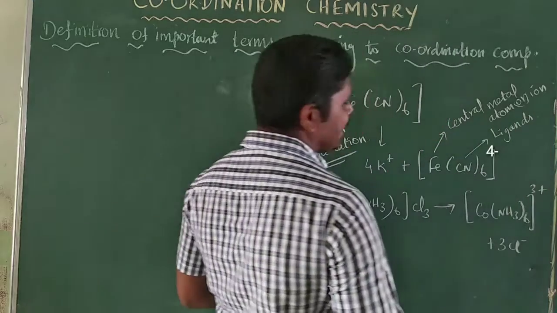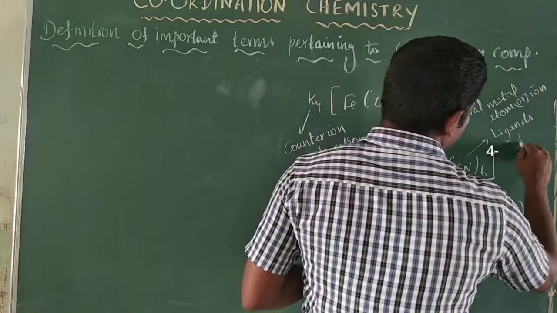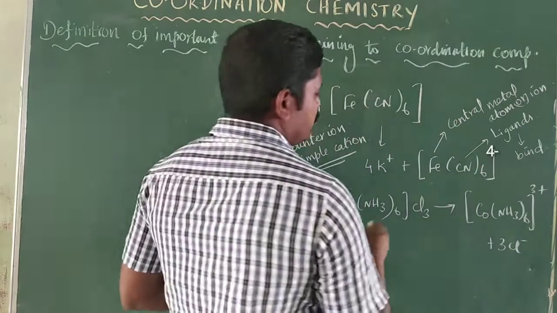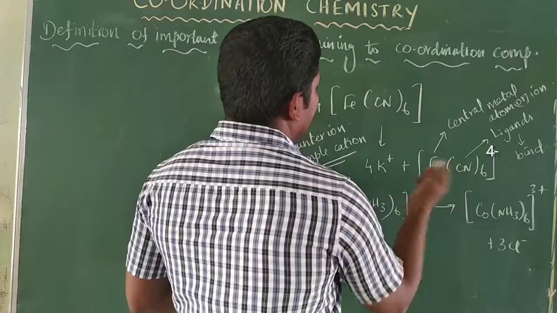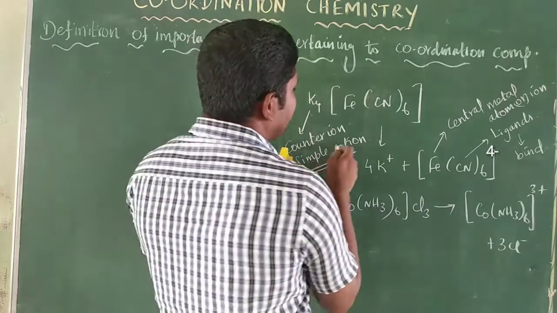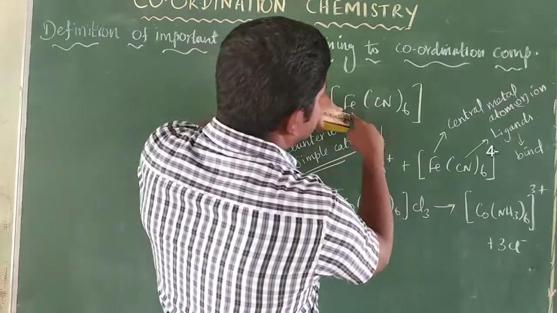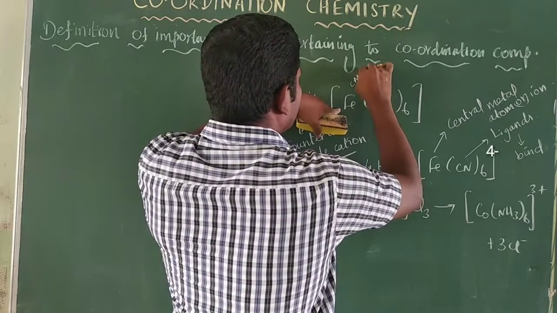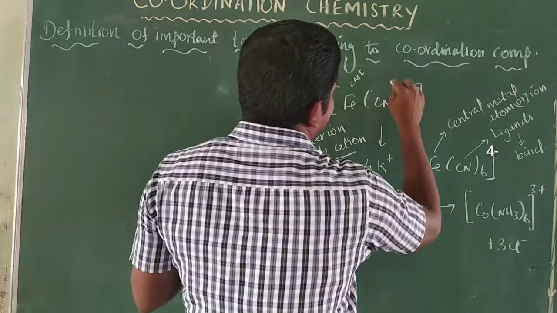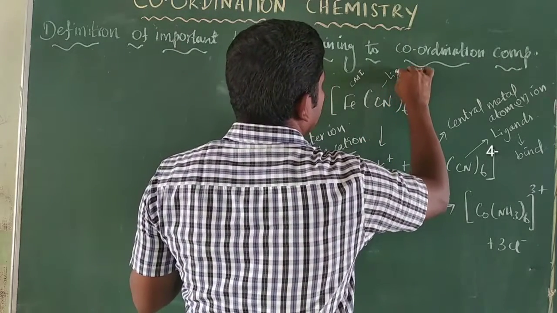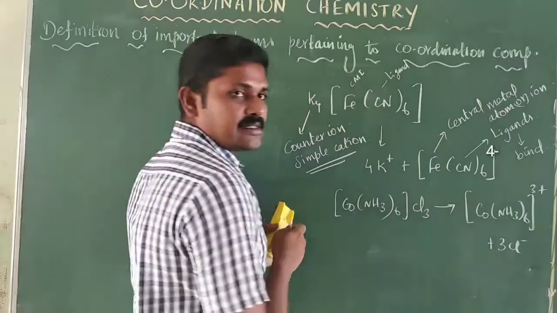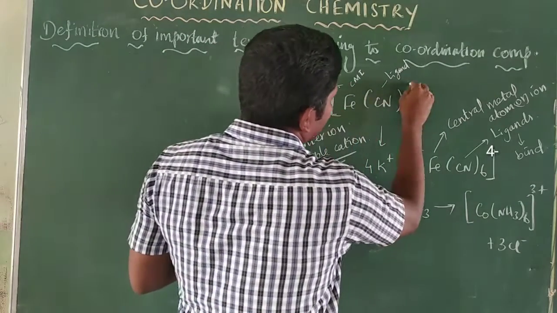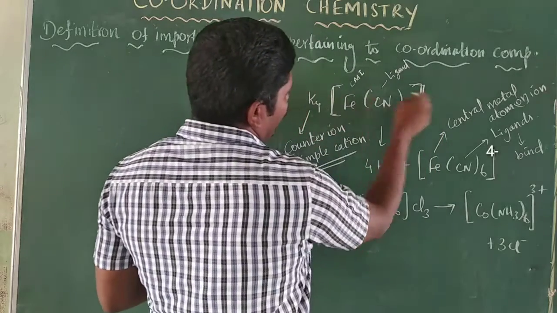Ligand comes from the Latin word meaning to bind. So Fe is the central metal ion, and CN is the ligand, and K+ is the counter ion or simple cation.